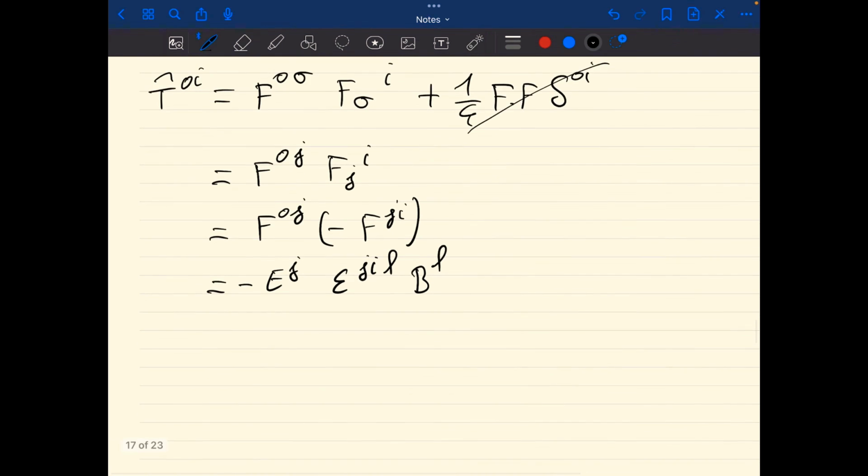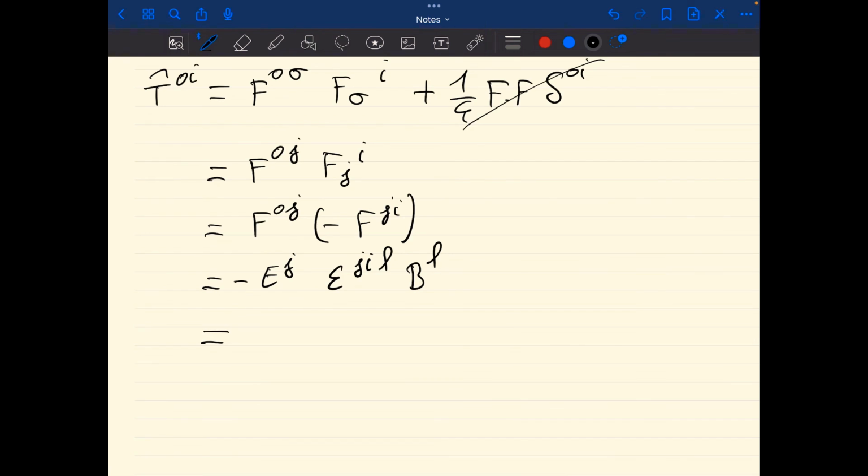And that is simply, let's write it this way, ε^{jil}E^jB^l, so we can write ε^{ijl}E^jB^l.